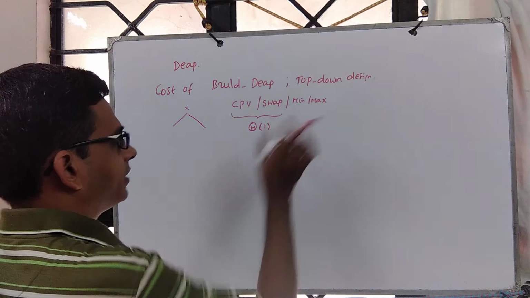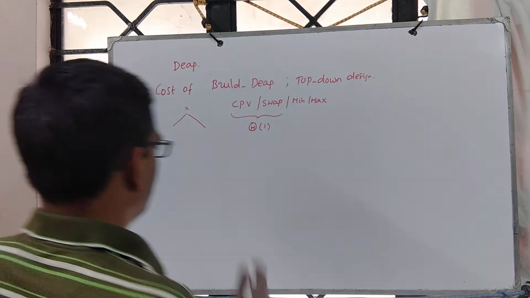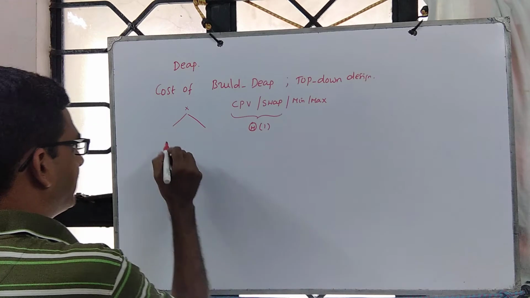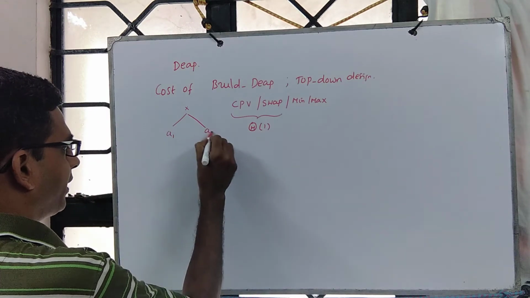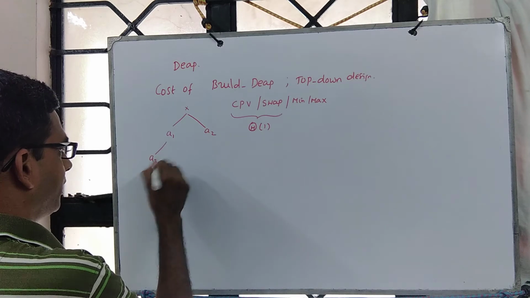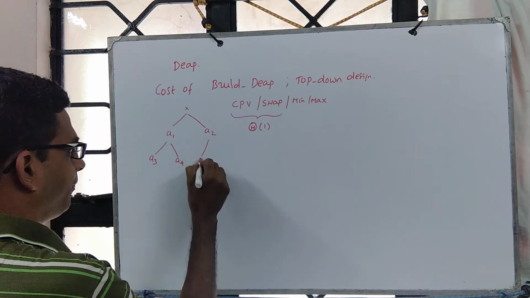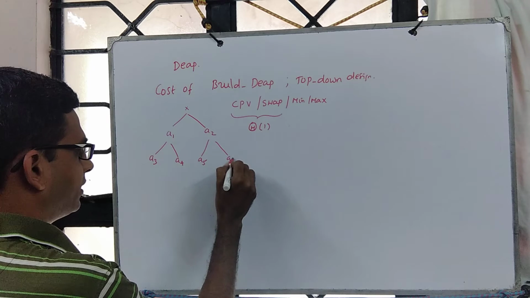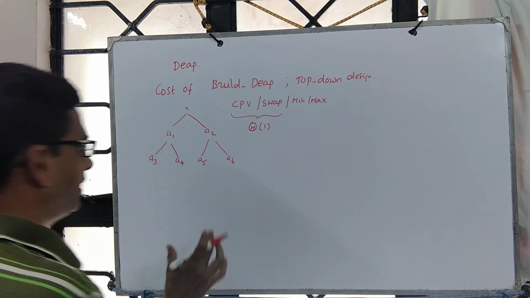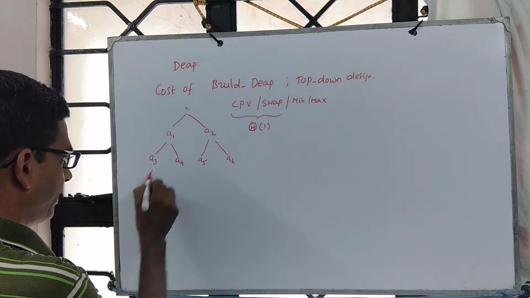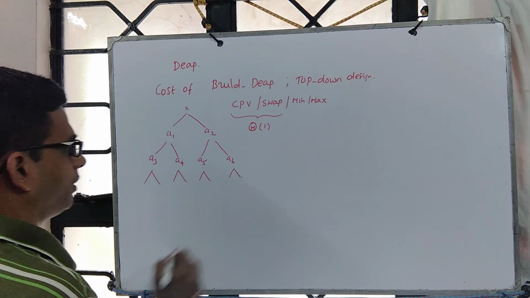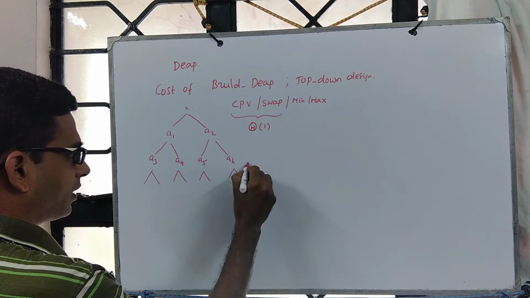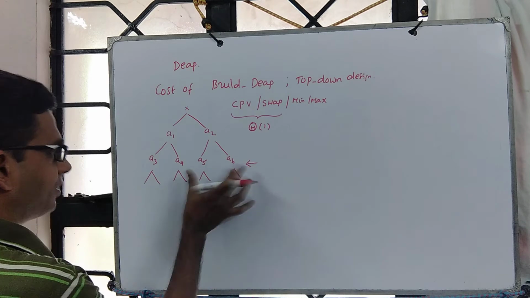What about this? As always, let's look at the worst case scenario wherein let's assume we have A1, A2, then A3, A4 and A5, A6. So something like then we get into these elements, right? Let's assume until this it is filled.